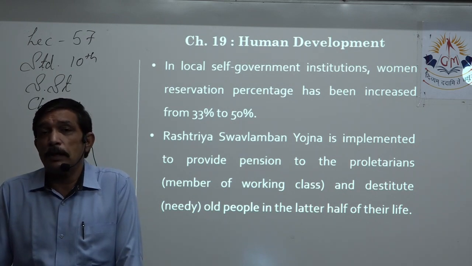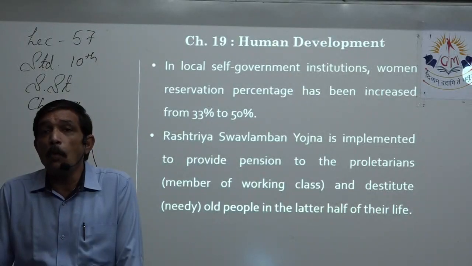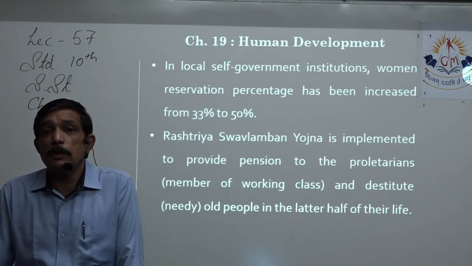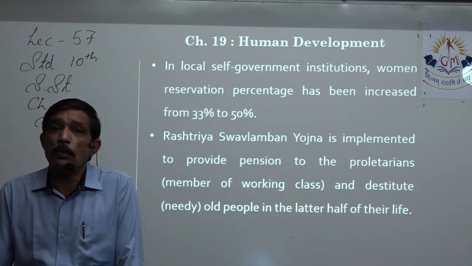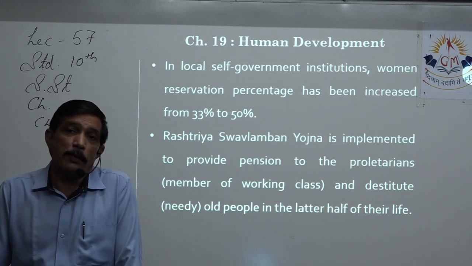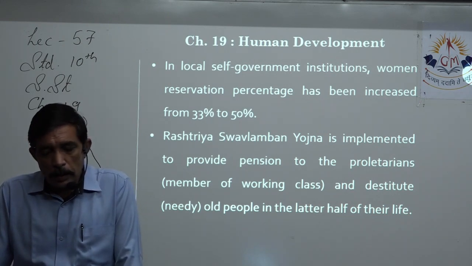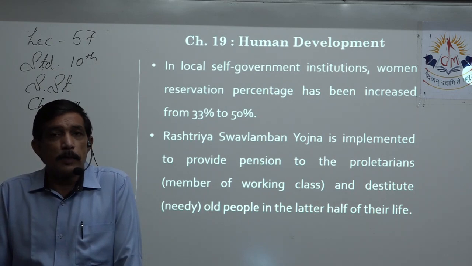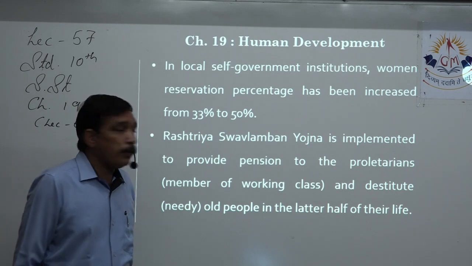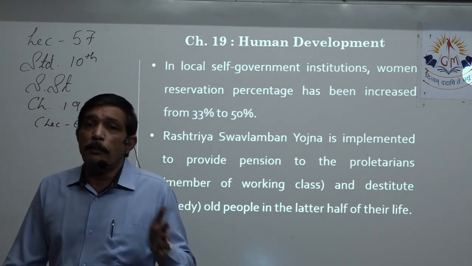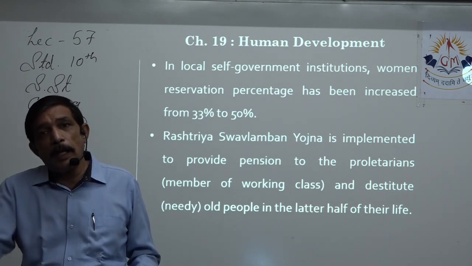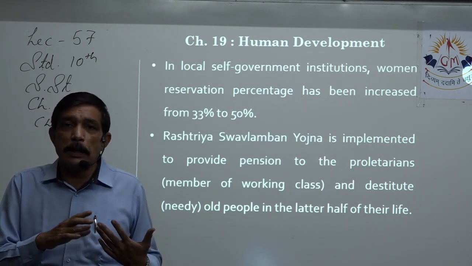But what happens when these people get poor? Then they get old, right? Since they have their own farm, they will not get a pension, right? So now they do not have much resources of money to survive, right? There is no source left. So in that case, proletarians, that is members of the working class, and the destitute people, that means the needy people, are given pension in the latter half, the remaining half of their life, we consider 68 as whenever.